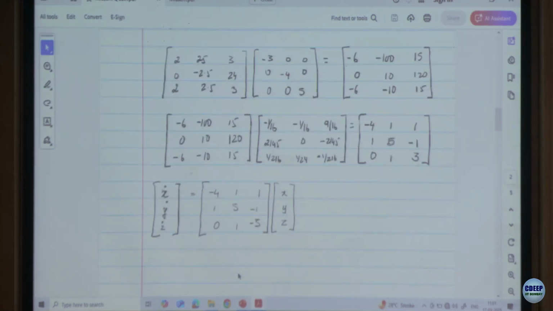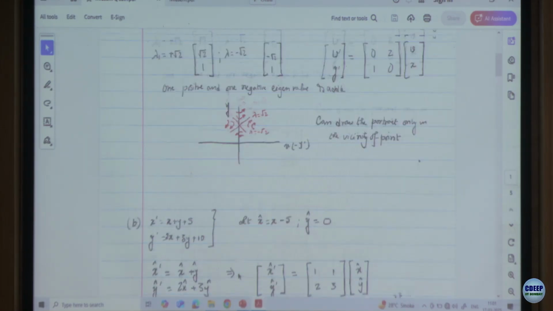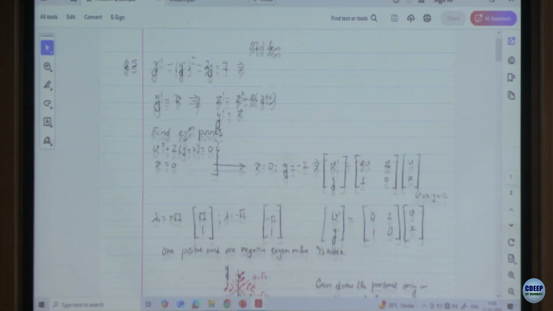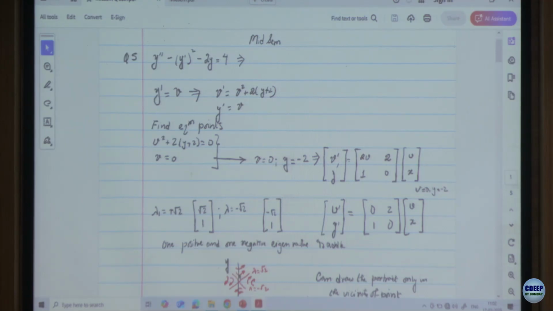Many of you have gone through pages of algebra and obtained it. Many of you have used online resources to invert that matrix. All that is fine. Nothing wrong with that. And because this was algebra intense, if you did not get the final answer but everything was correct, I've not been harsh. I've given you most of the marks.